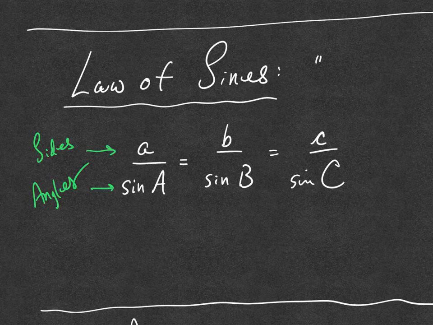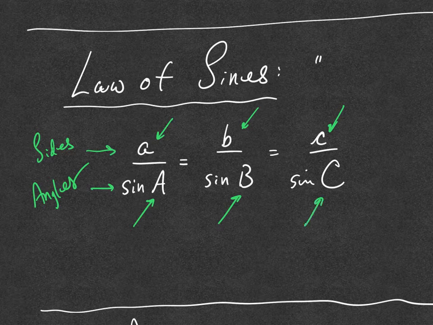And notice how they're paired up. Side A gets paired up with angle A, side B with angle B, side C with angle C. So sides and their angles are always paired up. So A over the sine of A, B over the sine of B, C over the sine of C.